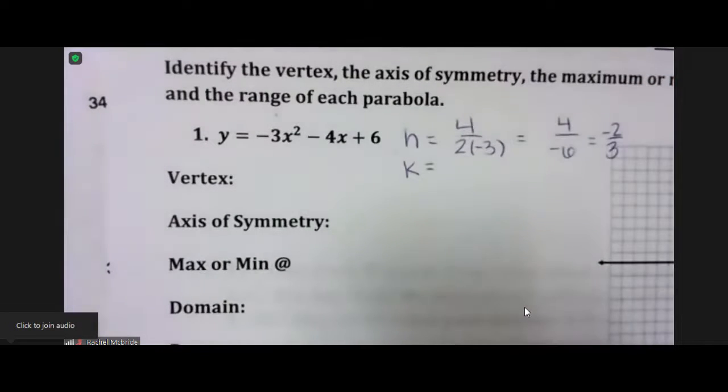So you have h equals negative 2/3. Plugging that back in, we solve for k.